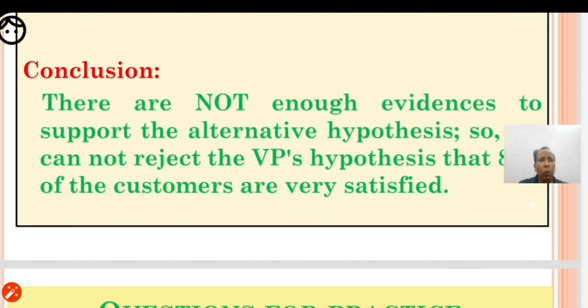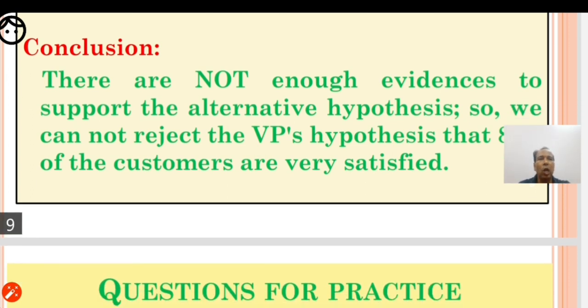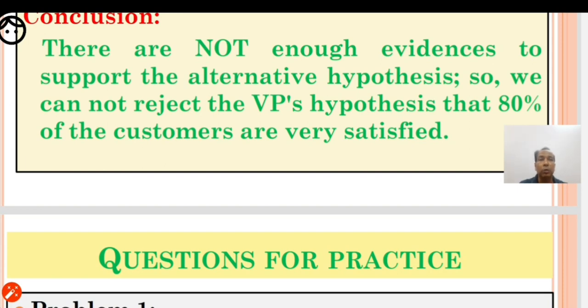Now, how will we be writing the conclusion? Conclusion will be written as, there are not enough evidences to support the alternative hypothesis. So we cannot reject the vice president's hypothesis that 80% of the customers are very satisfied.